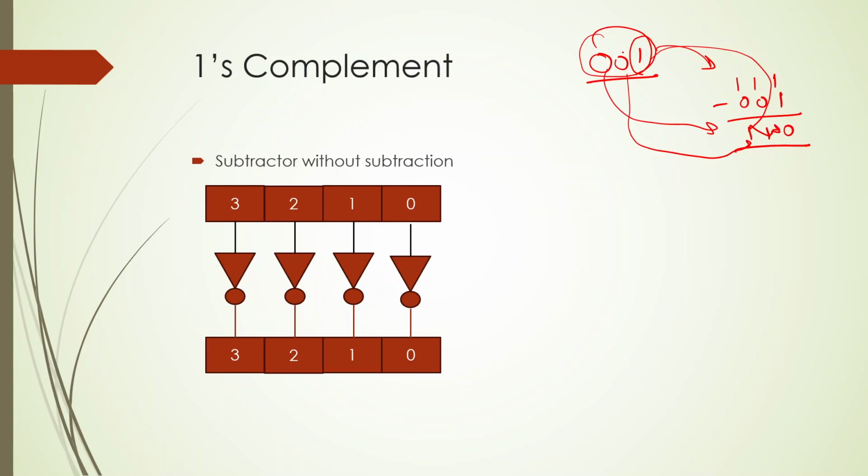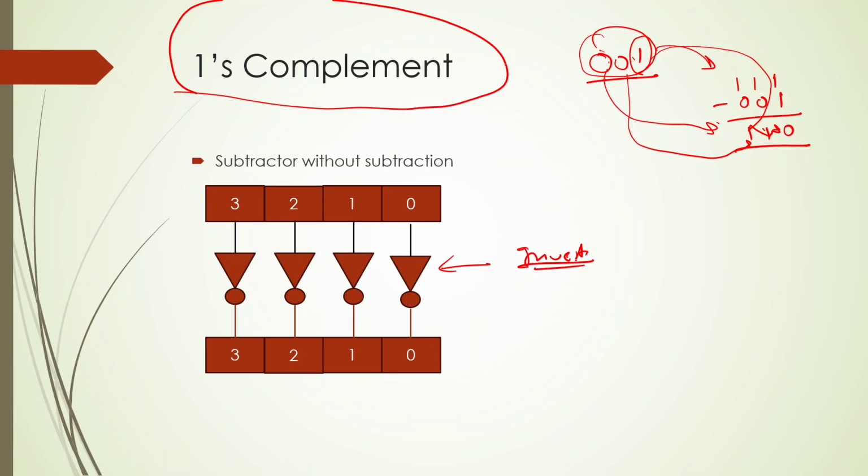Each 0 becomes 1 and each 1 becomes 0. So instead of doing subtraction in the binary number system, 1's complement can be done with the help of inverters. That's why digital design works on the binary number system, and computers can use 1's complement with the help of an inverter, even though we don't have a subtractor.